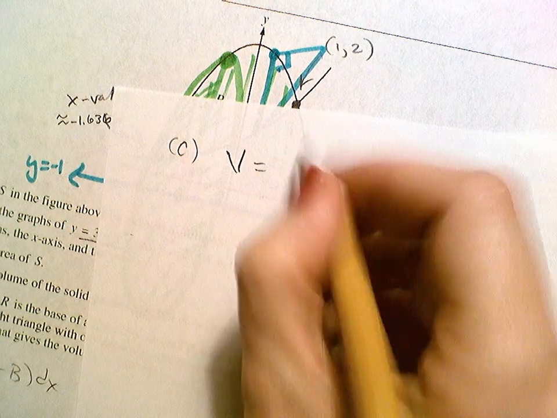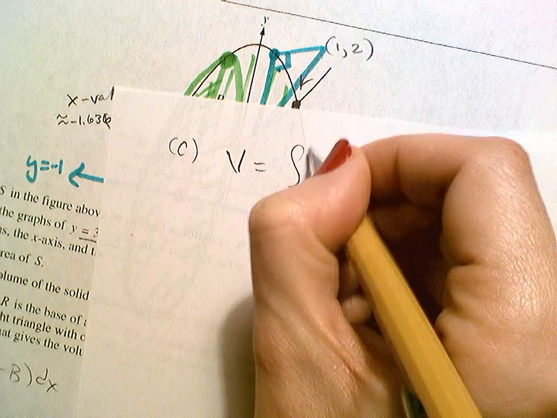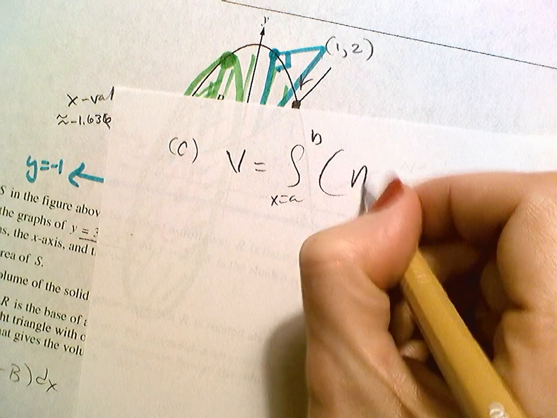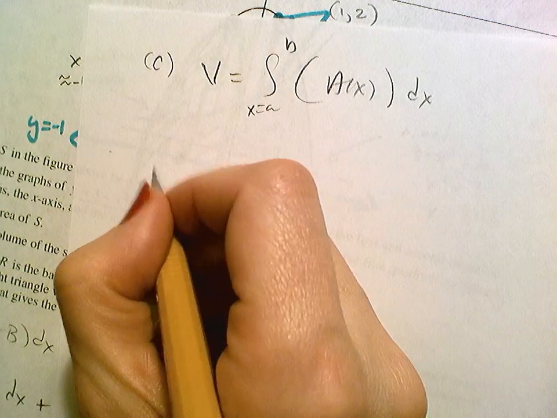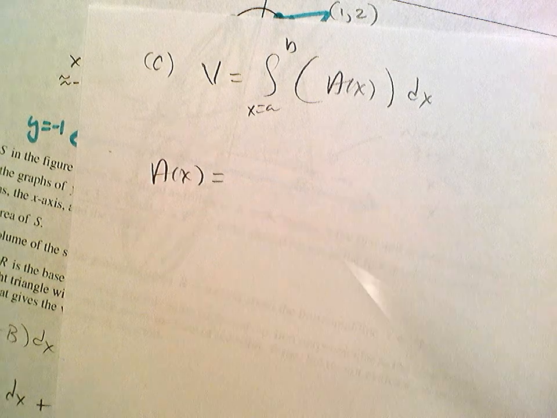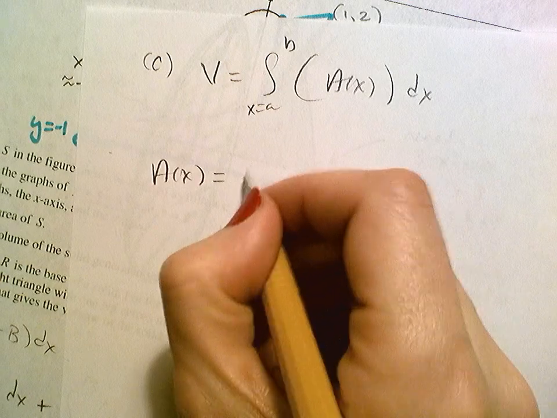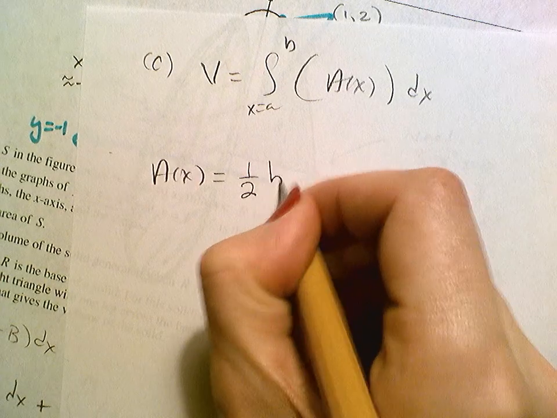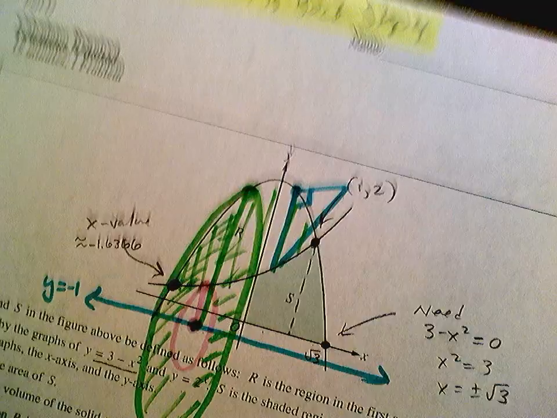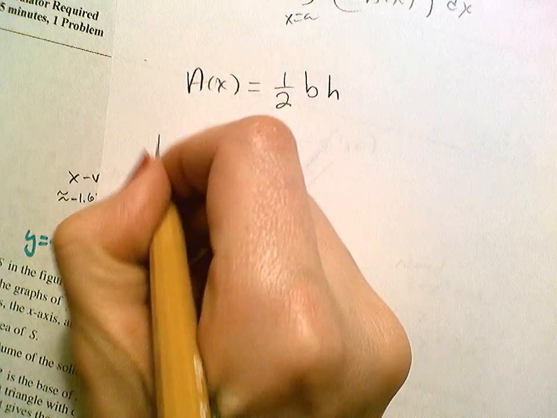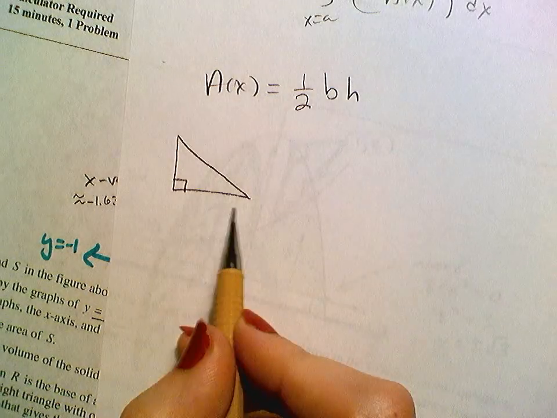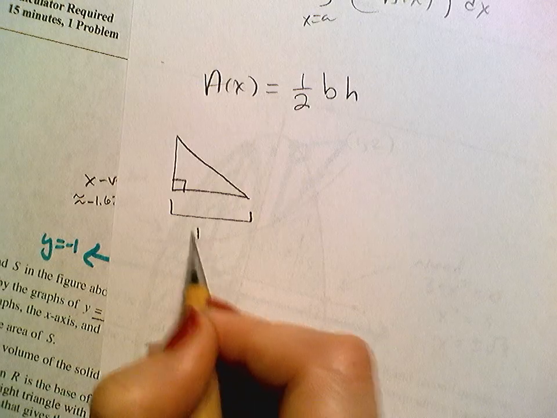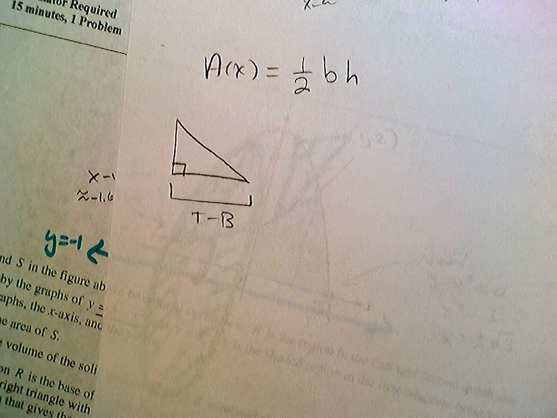So I'm using the volume equals, from x equals a to b, the area of a cross section in terms of x. So let me find A of x. So A of x is 1/2 base times height, because that's a triangle. All right. So here's a cross section, guys. Okay, so this is the base, and we're going to get this base by doing top minus bottom.